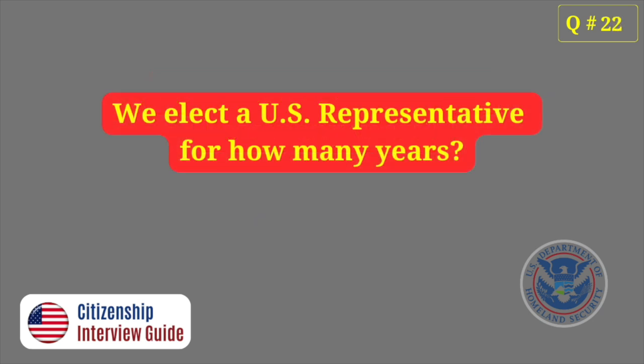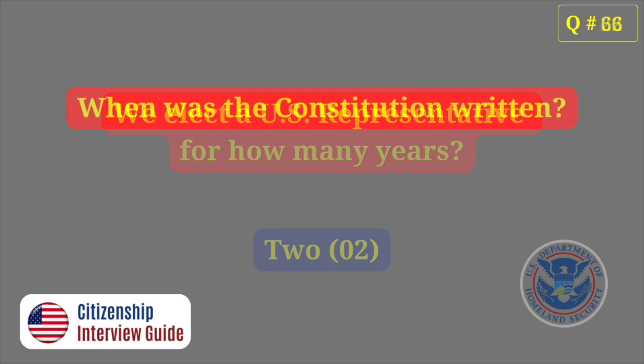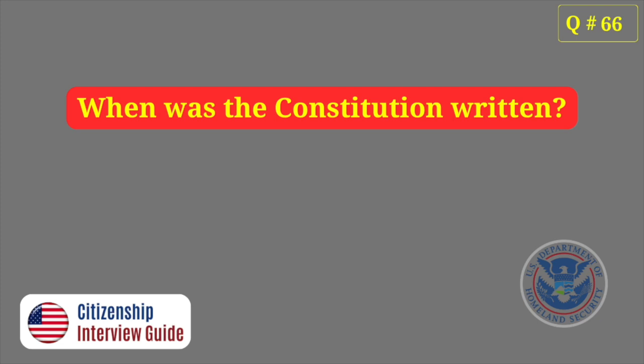We elect a U.S. representative for how many years? 2. When was the Constitution written? 1787.